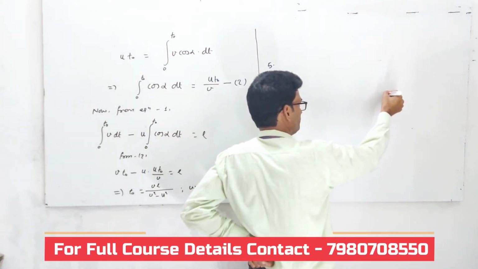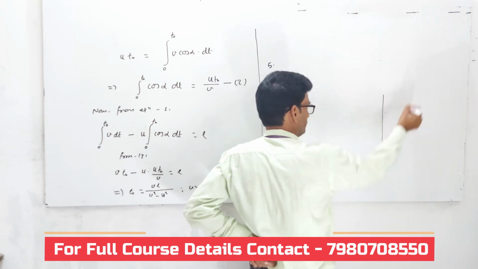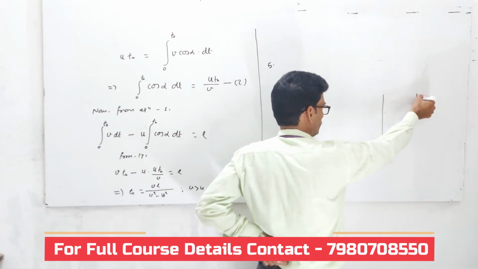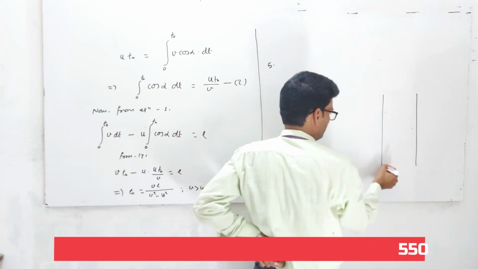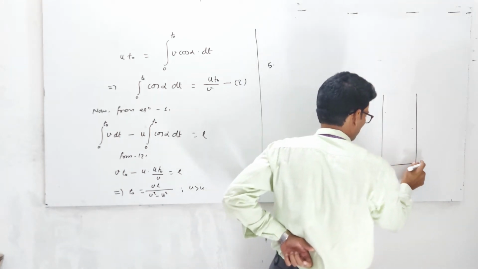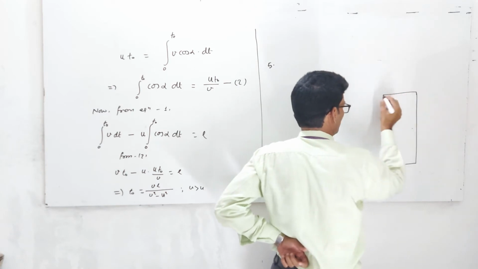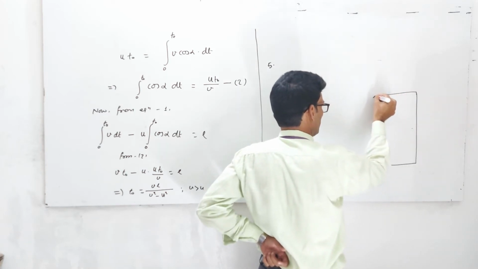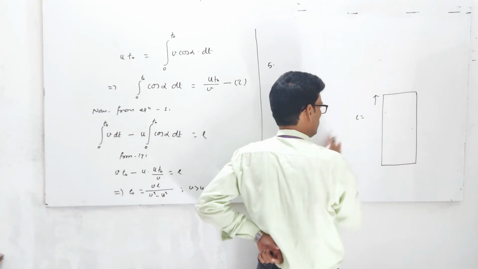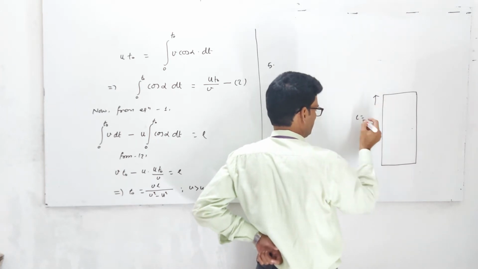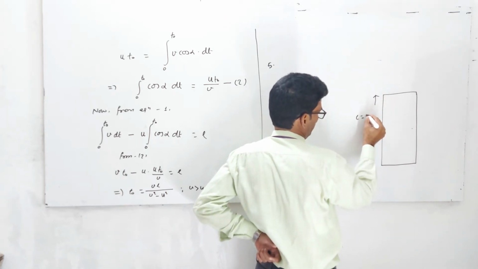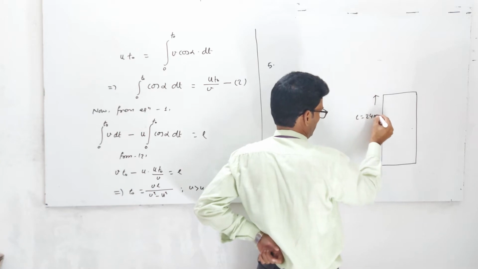So here there is a large, you may call it very long, cabin. Say the length of this cabin L is equal to 24 meter.